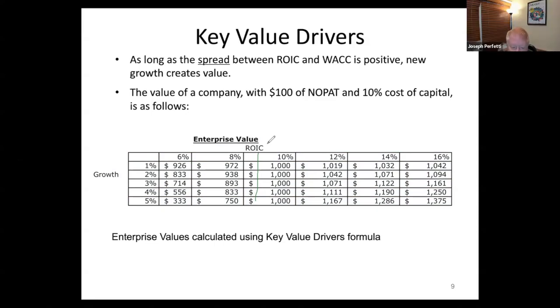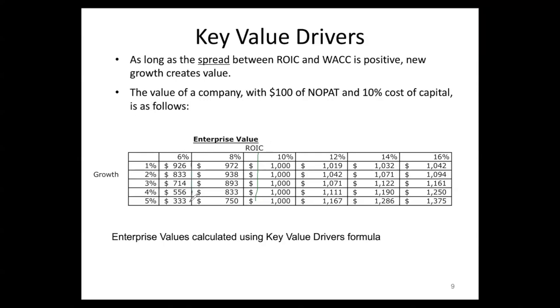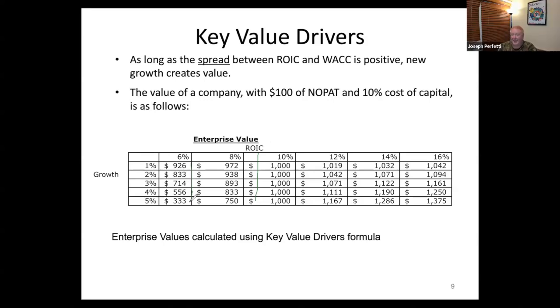And if I go to the left of that, 6 and 8%, why is the value going down as the Gs increase? So look at 6% ROIC, 1% growth, then 2, then 3, then 4, then 5. Just because our ROIC is less than the cost of capital. And when you grow it, you destroy value at a faster rate. So this table is just illustrating what we already know intuitively and from previous assignments.